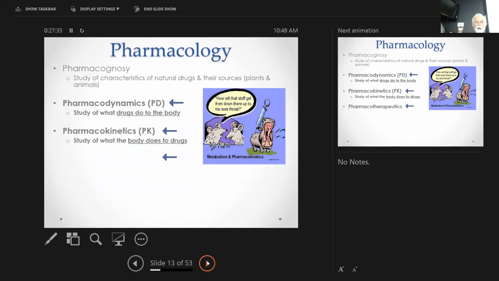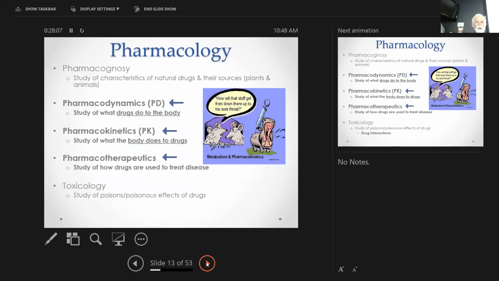We'll get to what that means in a bit, but the body doesn't like foreign substances and does its best to get rid of them. How it does that, and how fast, is the study of pharmacokinetics. Pharmacotherapeutics is obviously how drugs are used to treat disease, both singularly and in multiple settings.